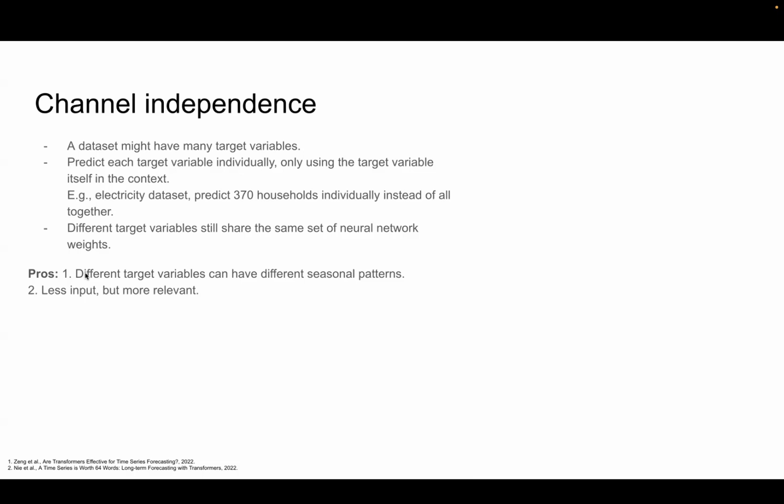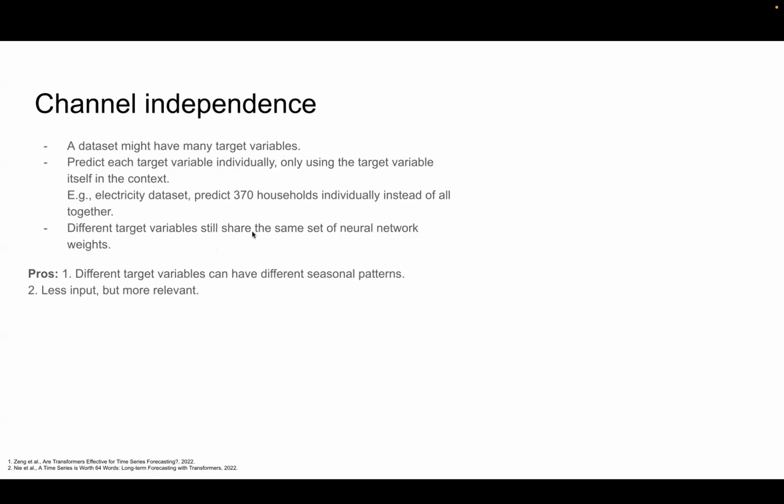So there are several benefits of applying this channel independence. If we look at this electricity data set, maybe some households tend to plateau over the weekends, and some other households might spike over the weekend instead.